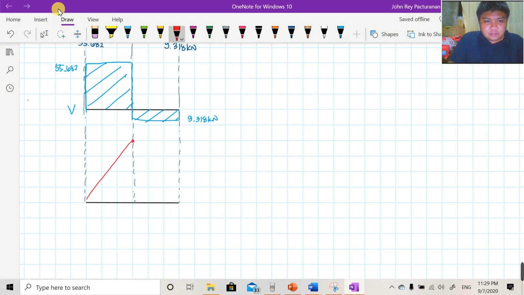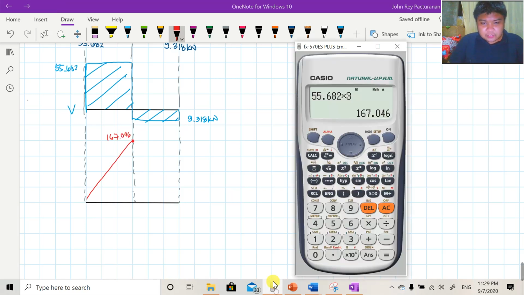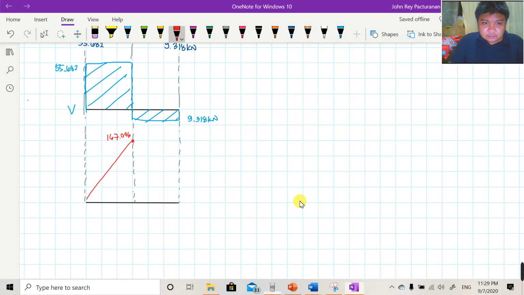Ilagay ko na 167.046. Tapos, syempre, remember, may negative tayo. So, minus 3 times 9.318. So, ang magiging sagot is 139.092. Sorry. Dapat line lang siya, di ba? Dapat linya yon.